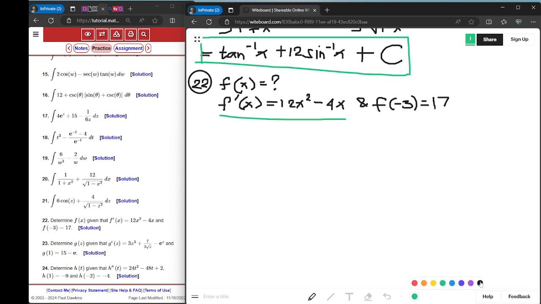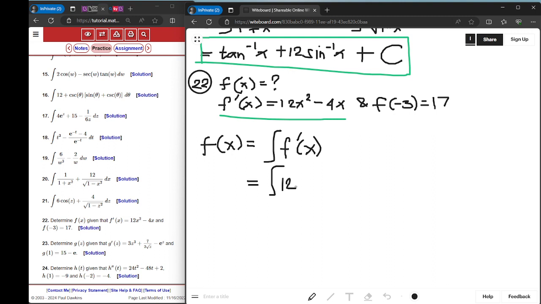So we can rewrite this as f of x is equal to the integral of f prime of x. So that would be the integral of 12x squared minus 4x dx.